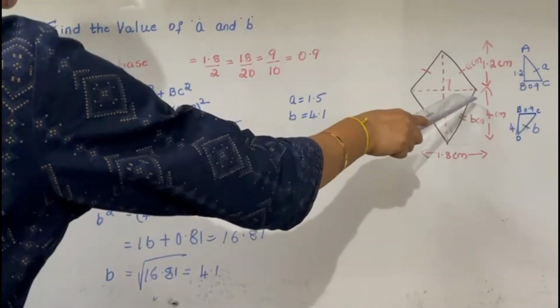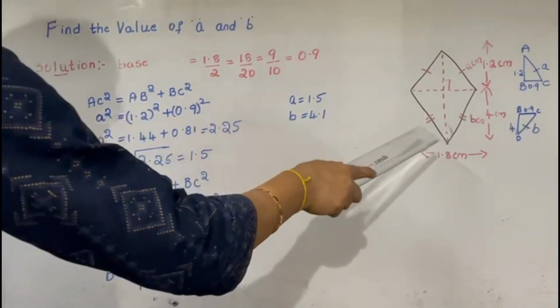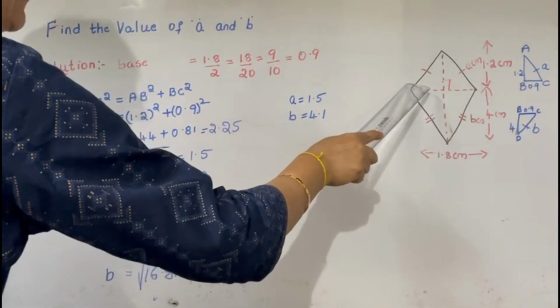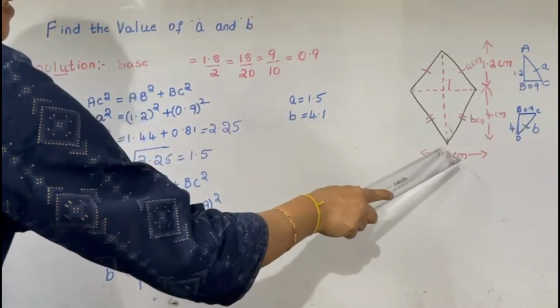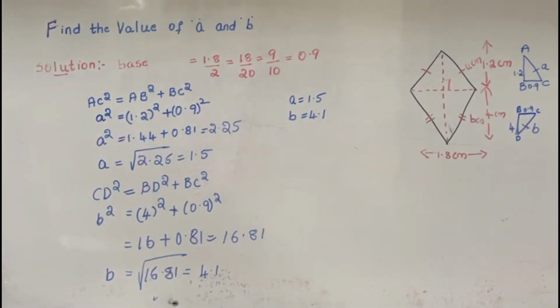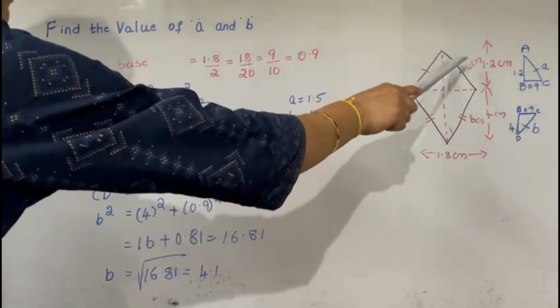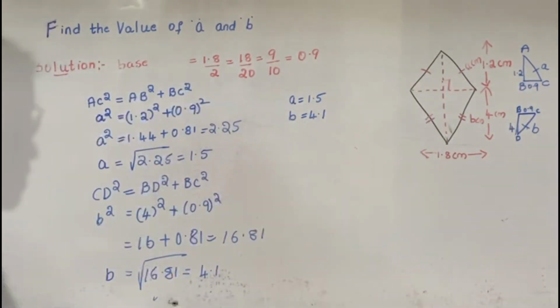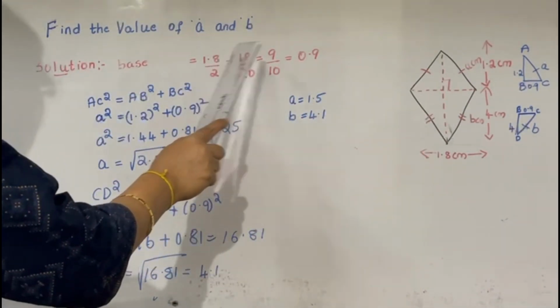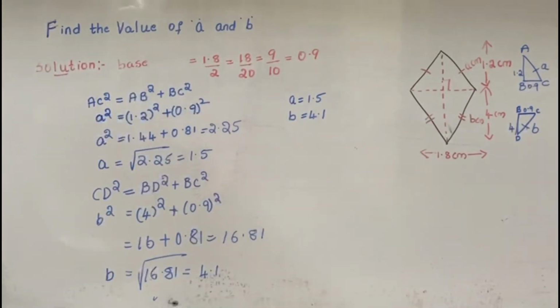Solution, this is a base. So from here till here they have given it as 1.8 centimeters. Now they have divided it into two halves, that is 1.8 divided by 2.